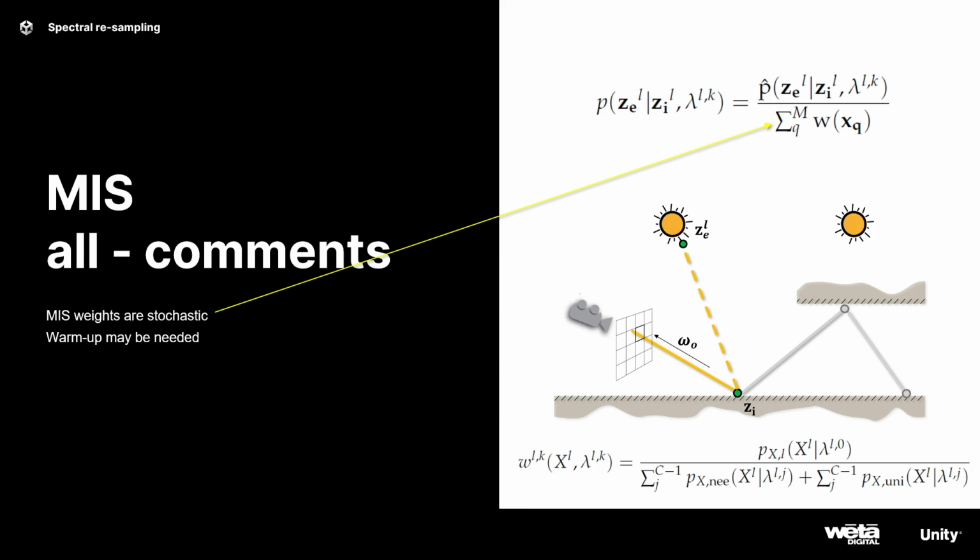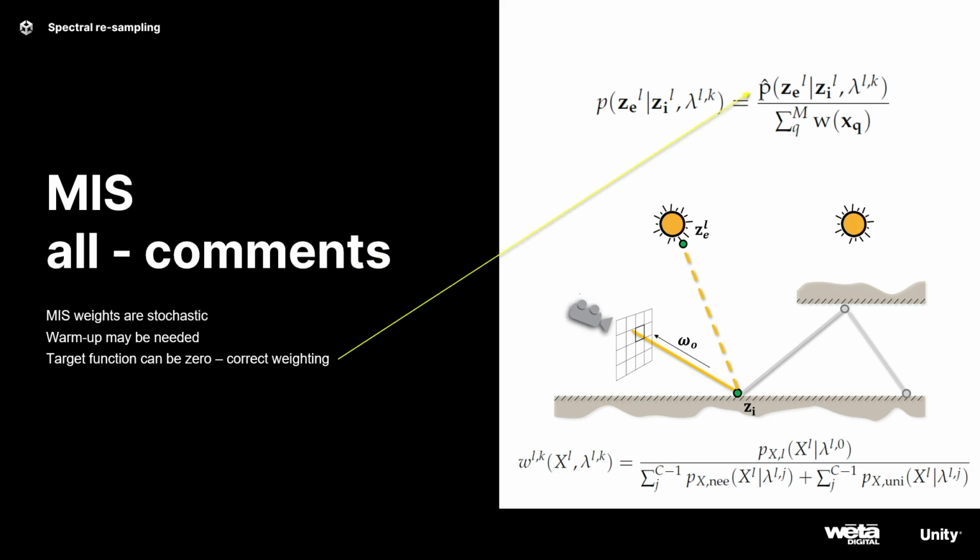In that case, the PT uni technique would get all the weight, and the high variance can project into our image. However, it may be just because of the variance in our PDF approximation, because in next iterations, when we already have some NEE samples, these PT uni samples would be downweighted. So one should consider some warm-up progressions before we start taking the PT uni samples into account.